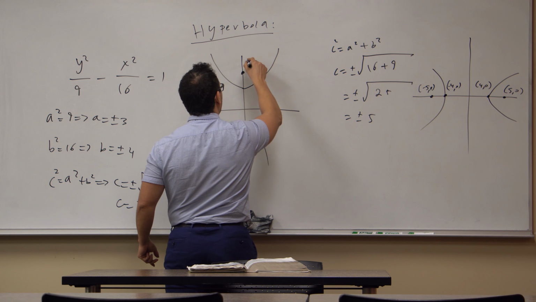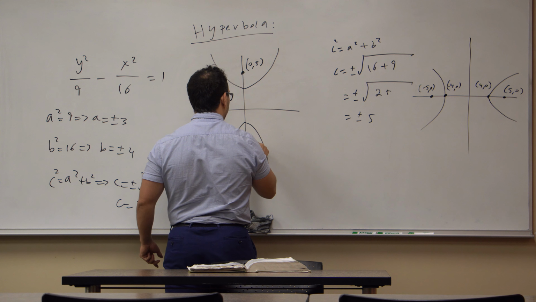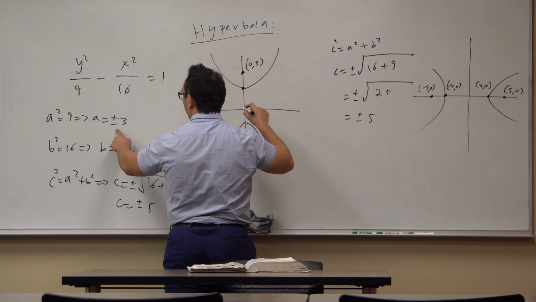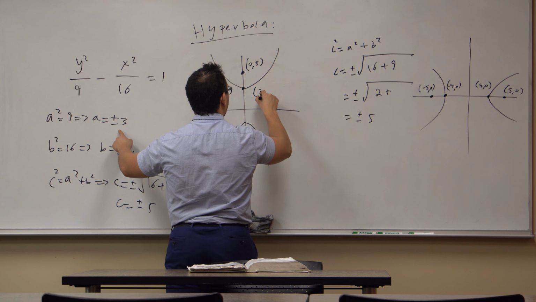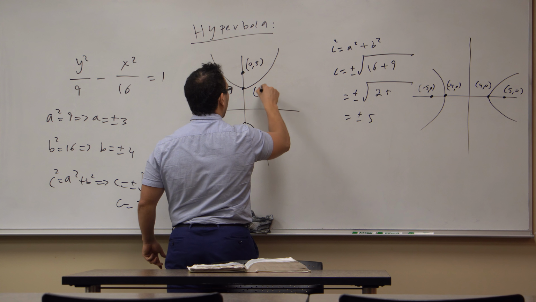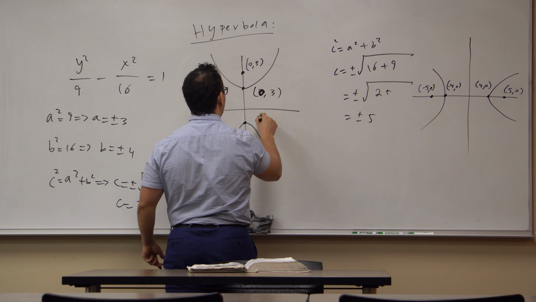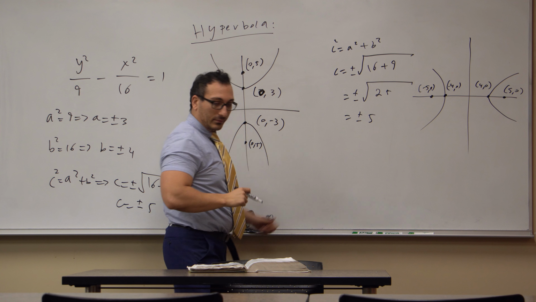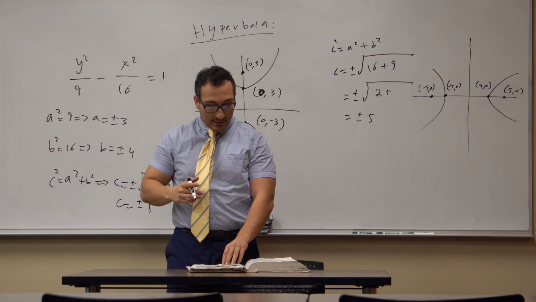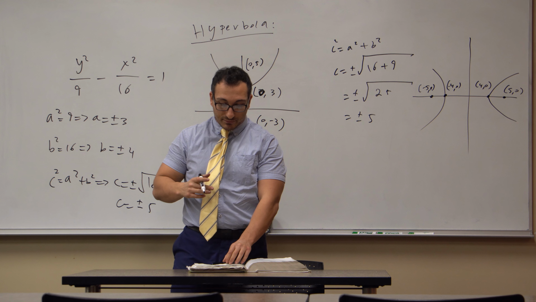The foci are located at 0, 5 because of the y, and 0, negative 5. The vertices will be located at the a. This is going to be 0, 3 and 0, negative 3. Okay? So, there you have it. This is how we deal with hyperbolas and how to graph them.